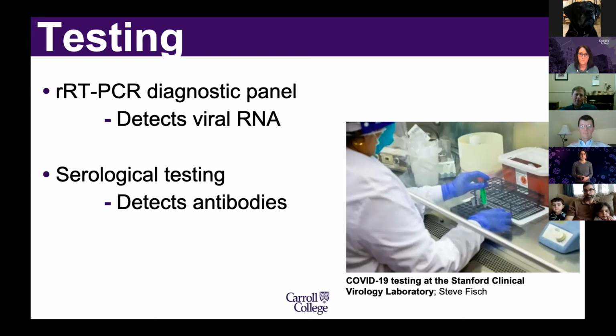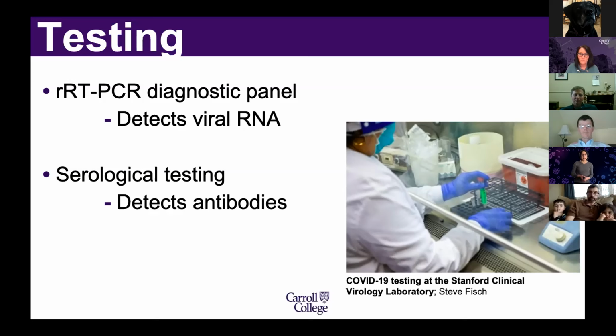The primary test that is involved is called real-time reverse transcription polymerase chain reaction, or RT-PCR. SARS coronavirus 2 is an RNA virus, and so the procedure begins by extracting RNA from the sample that has been collected.